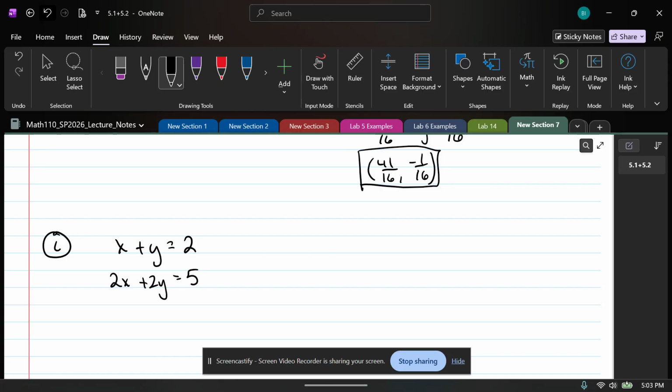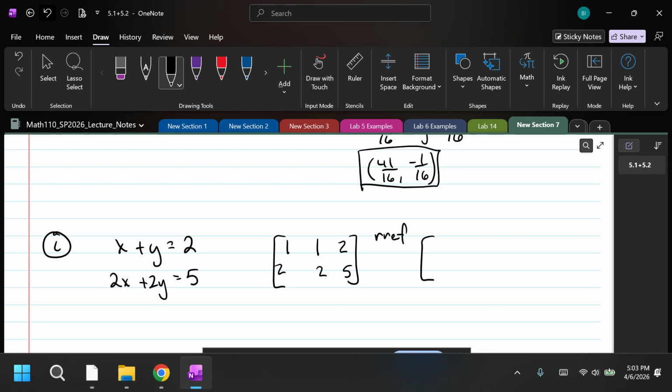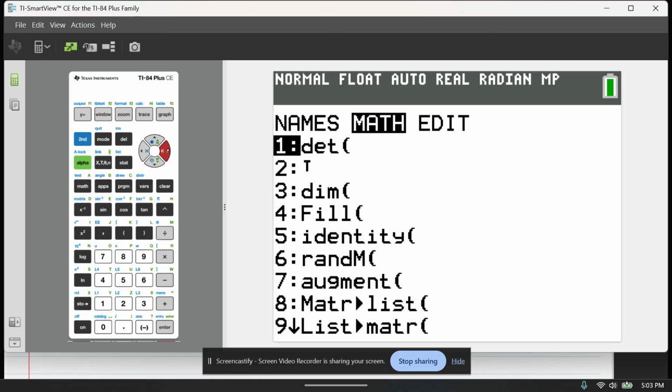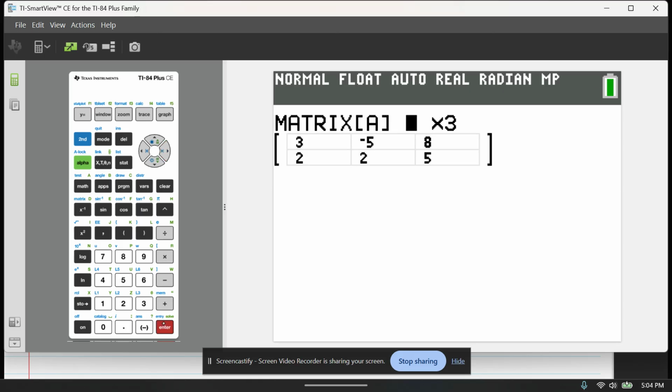Your augmented matrix: 1, 1, 2, 2, 2, 5. And then run RREF on that. Second matrix, over to edit, 2 by 3 again.